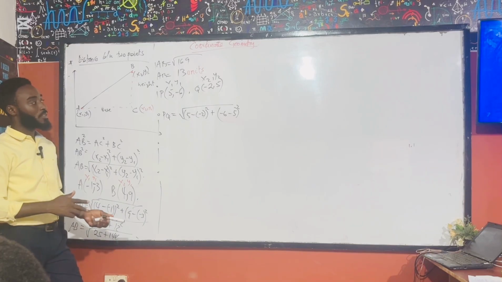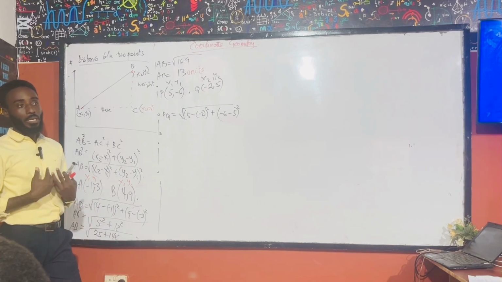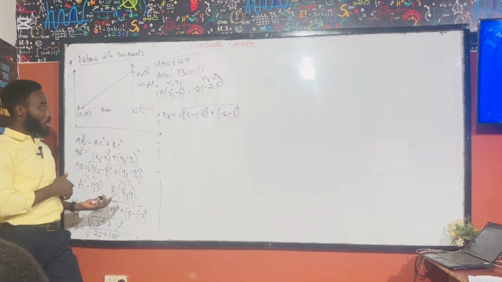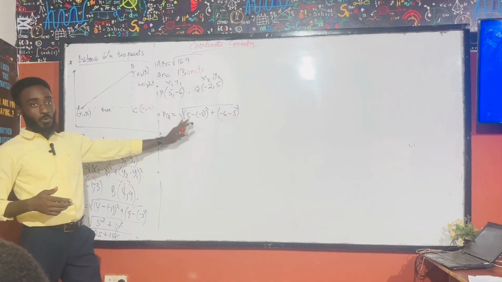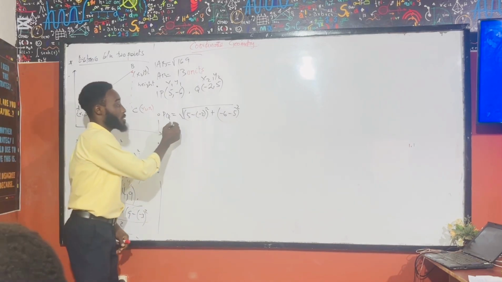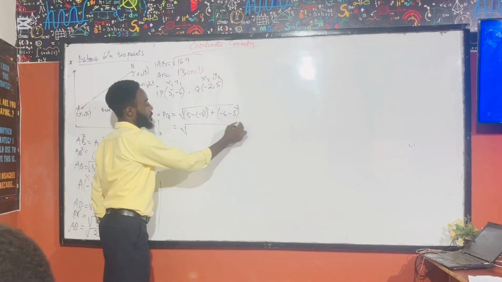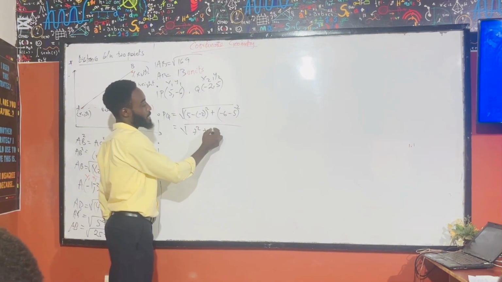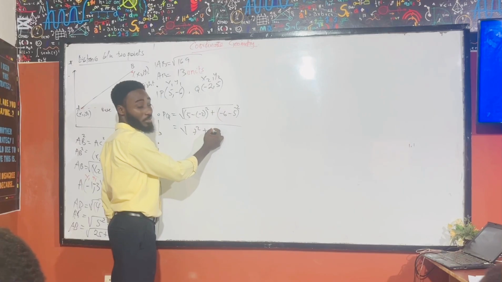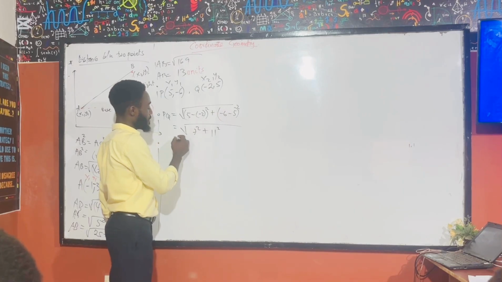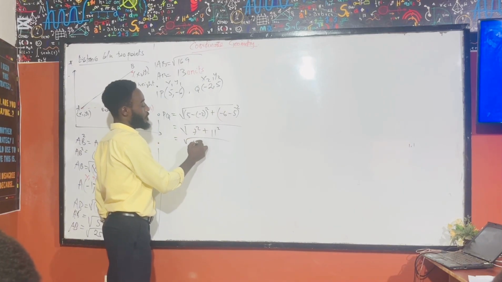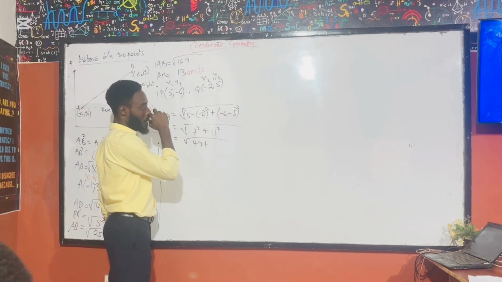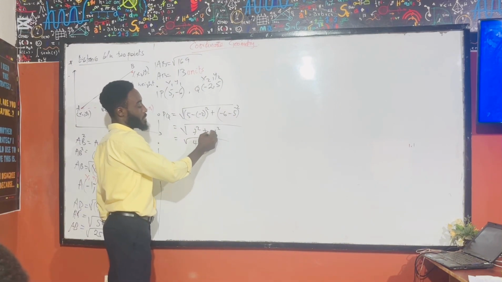Either way is fine. So either order is fine. But let's finish this and solve the other one and see how it goes. So 5 minus minus 2 gives you 7 squared plus, this is what? Minus 11 squared, which still becomes the same as 11 squared, right? 121.